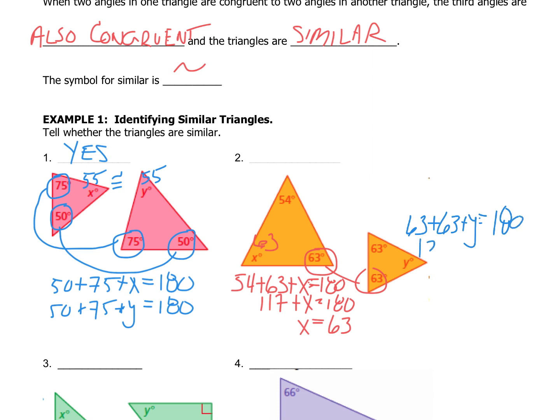That gives me 126 plus y equals 180. When I subtract, I get y equals 54 degrees. So yes, these two are similar because there's a matching angle for all three angles.